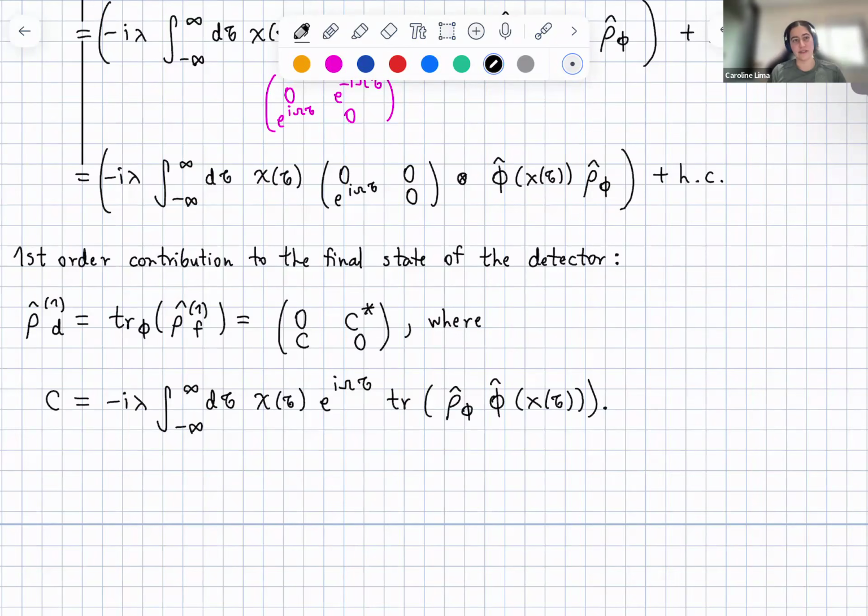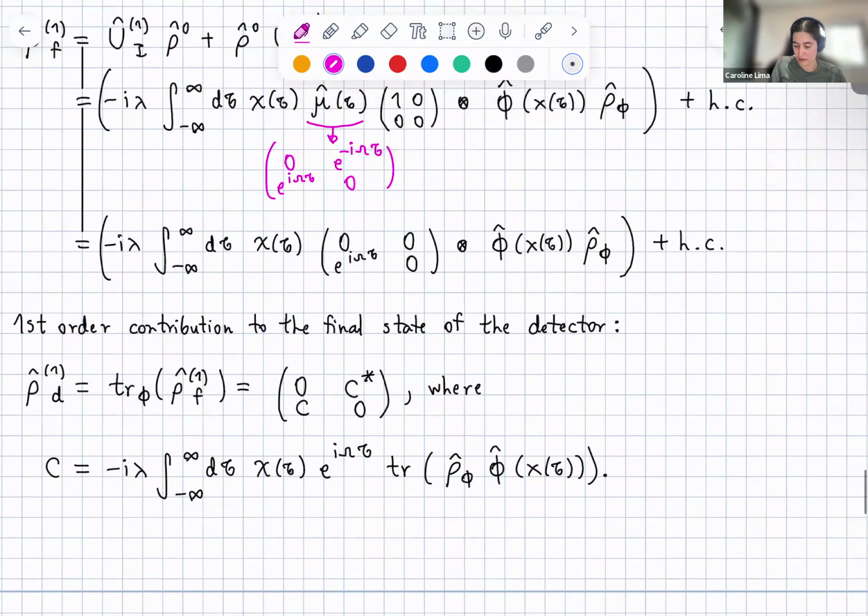Do you guys have any questions on this part? So basically what I did was just noticing that this Hermitian conjugate part that I have here is going to give me some e to the minus i omega here, so it's going to be exactly, and everything else is real. So what I have is just the same term. So this structure of C and C star here.